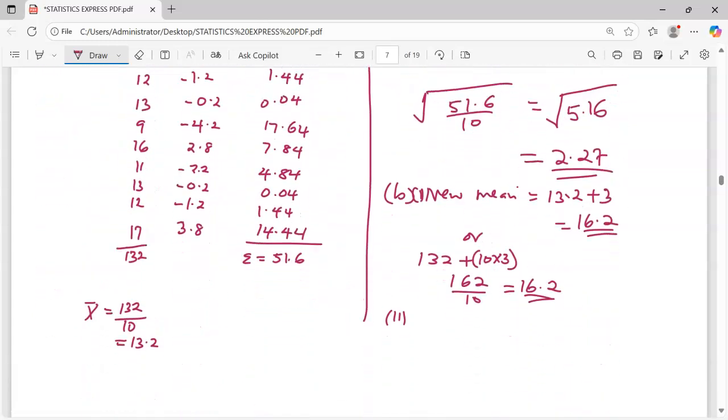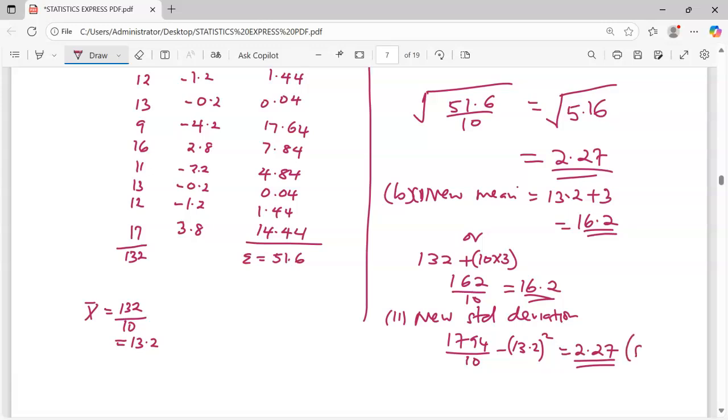So the new standard deviation will be the square root of 1794 divided by 10 minus 13.2 squared, and this is going to be approximately 2.27, and therefore you do not expect the standard deviation to change, so it is actually the same.